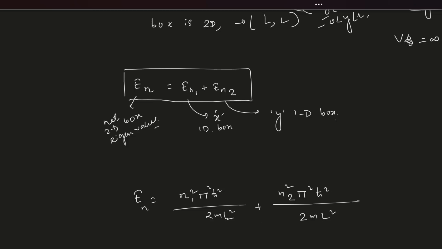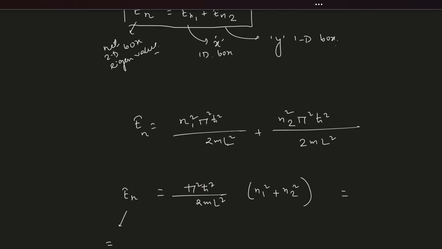By simplifying you will get pi squared h cut squared by 2m L squared times n1 squared plus n2 squared is equal to En. You can also simplify En because it is a box problem.